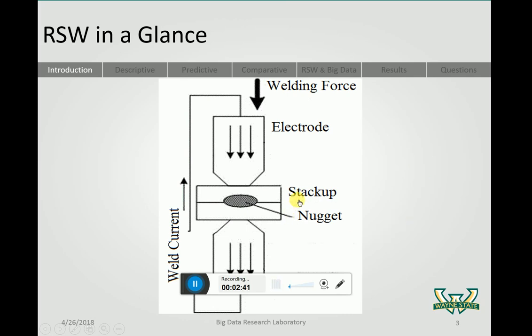Finally, a nugget will be created in the weld zone, and this nugget is responsible for joining these two sheets. The geometrical dimensions of the nugget are the most significant feature in order to analyze the quality of resistance spot weldments.